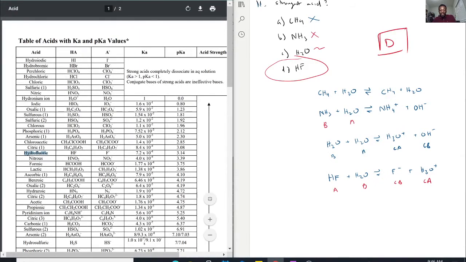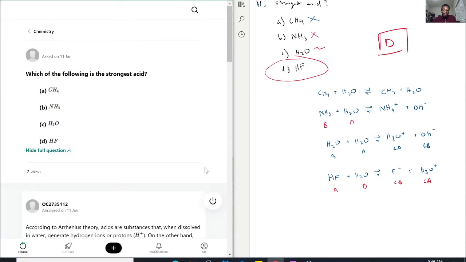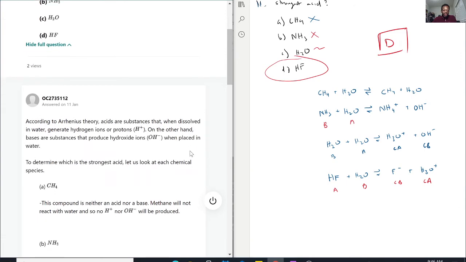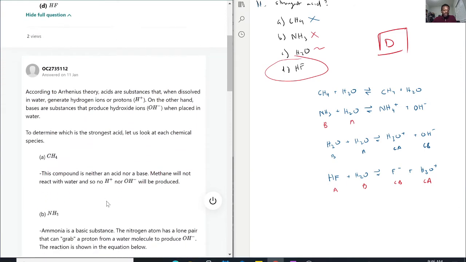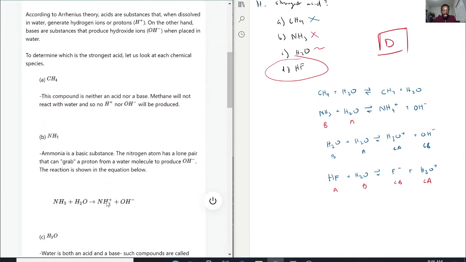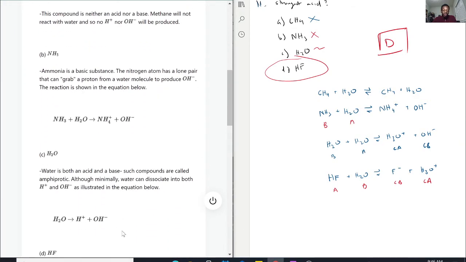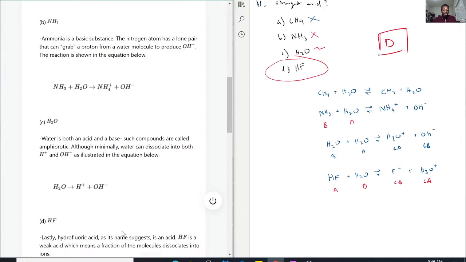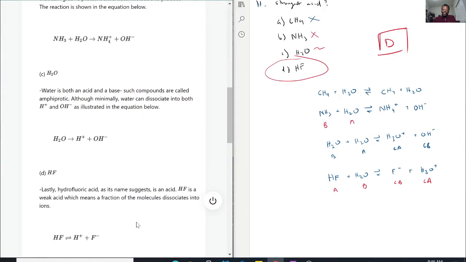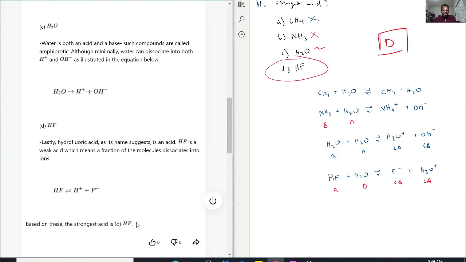So with that being said, HF should be our strongest one. CH4 is neither acid nor base. Methane doesn't react. Perfect. NH3, ammonia, is actually a base. H2O can serve as either, so we don't know. And HF is the only one that actually donates a proton.